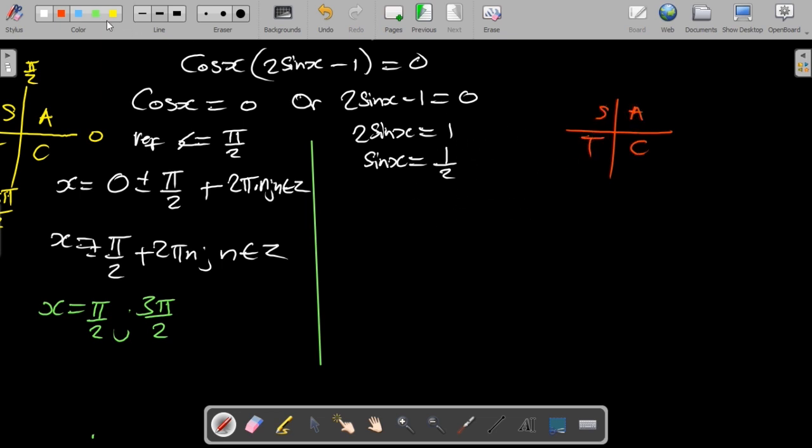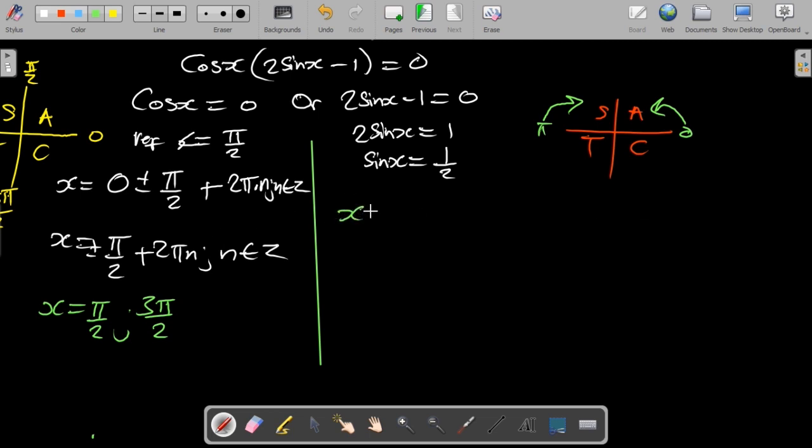So if it was negative, you'd pick the portions where sine is negative. But now it's positive, so you're going to pick the portions where sine is positive. Those are described by pi minus and 0 plus. That's what we're going to use in our general formula.